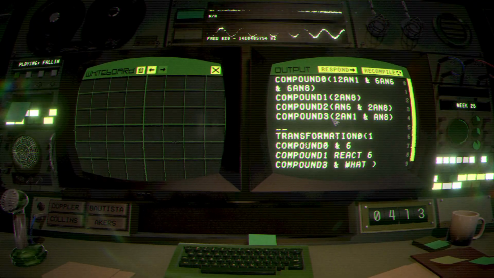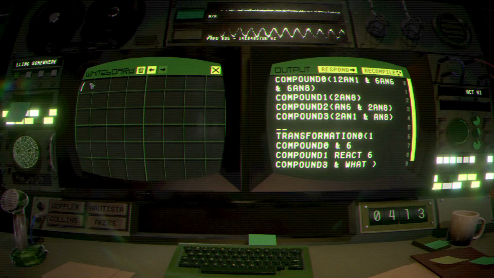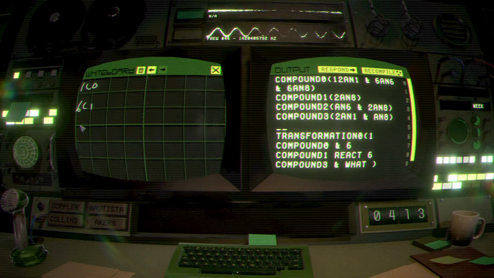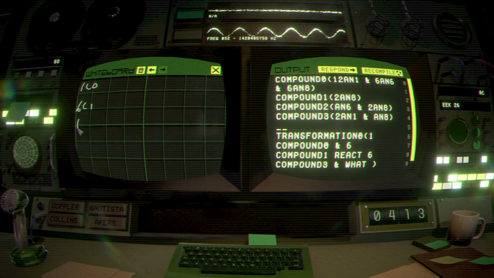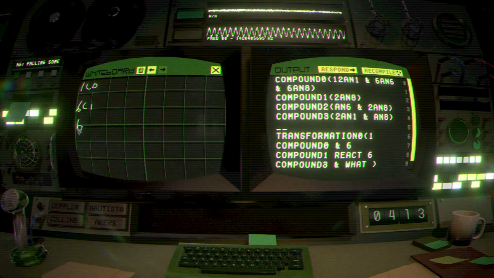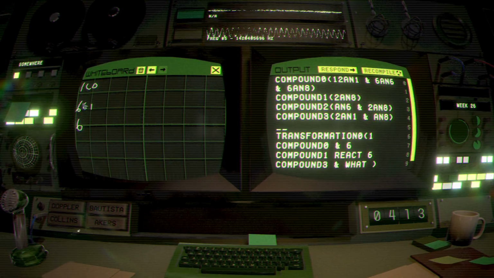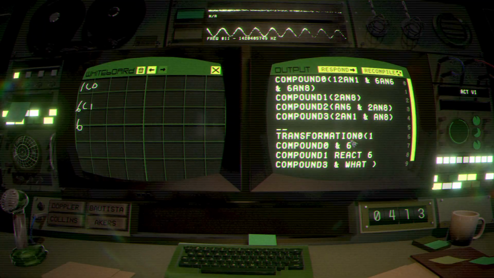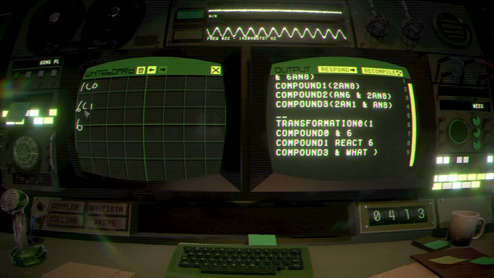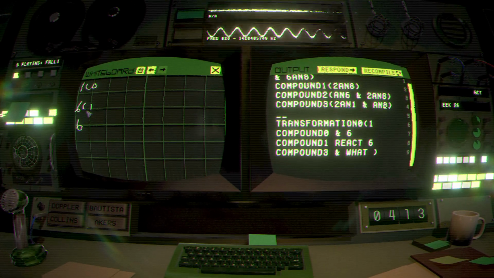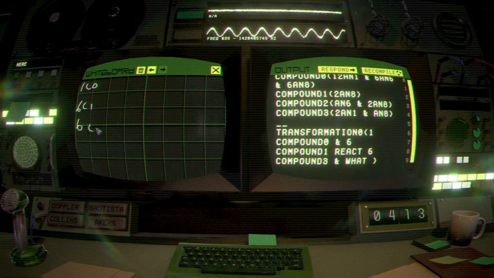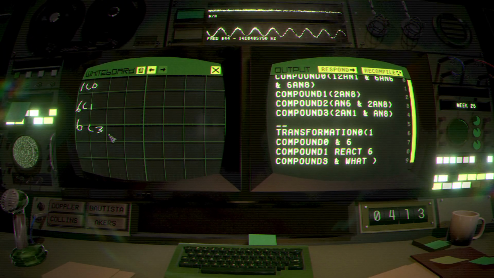Okay. We have 1 compound 0, 6 compound 1s, and 6 transformation 0. 1 compound 0 and 6 compound 1 react into 6 compound 3s and what?